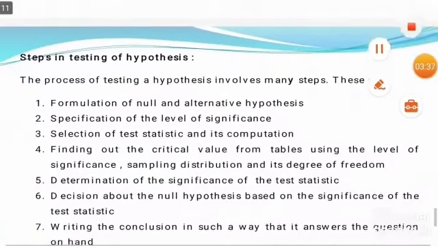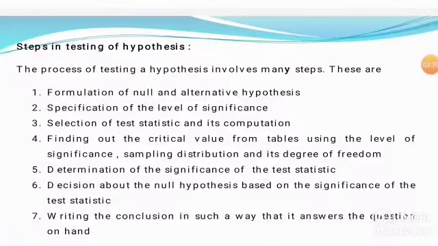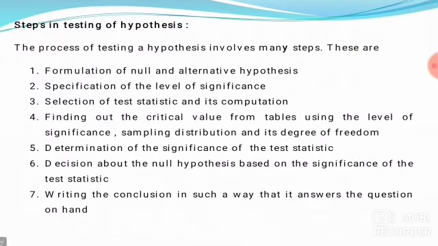Now, the steps in testing of hypothesis. The process of testing a hypothesis involves many steps. The first step is formulation of the null and alternative hypothesis. The second step is specification of the level of significance.